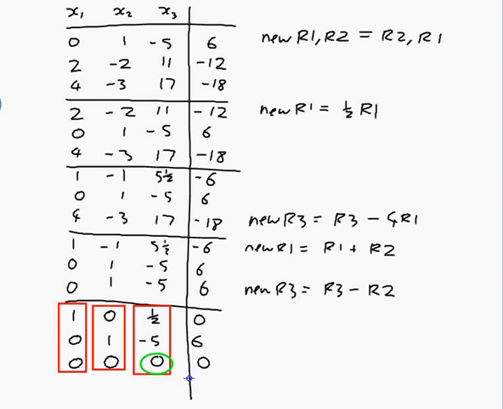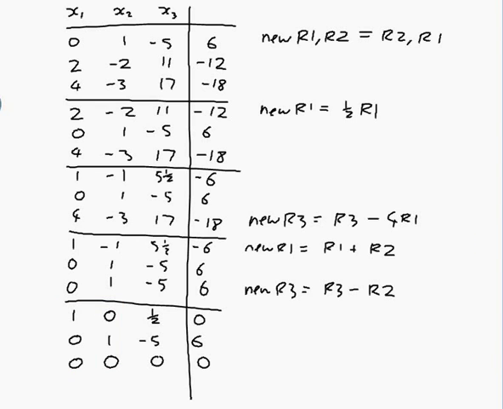But I can't get a 1 into that position because the only way to do that would be to swap rows from above or add multiples of the rows above, and that would destroy my beautiful zeros here. Remember how I said you can't use rows from above? So I can't actually get a 1 here, so I can't get my column of the identity. So that's as far as I can go with my reduced row echelon form.